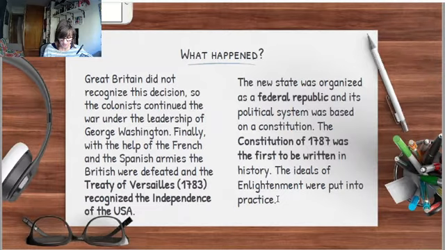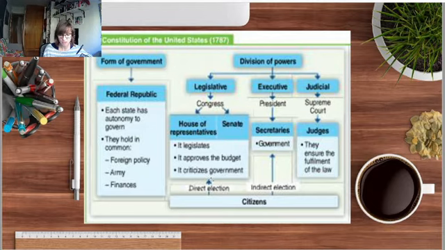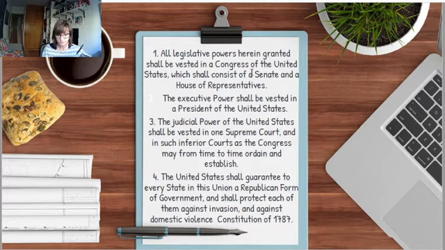In 1787, the United States Constitution was adopted. This established a federal republic based on the Enlightenment principles of equality and liberty. You can see here how the American Revolution is organized, the Constitution of the United States. As you can see, the form of government is a federal republic with the division of powers that follows the Enlightenment principles.